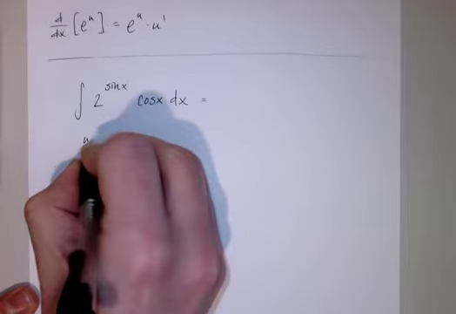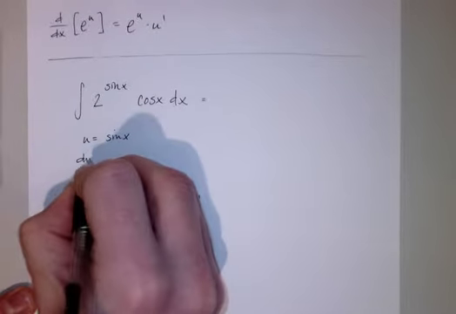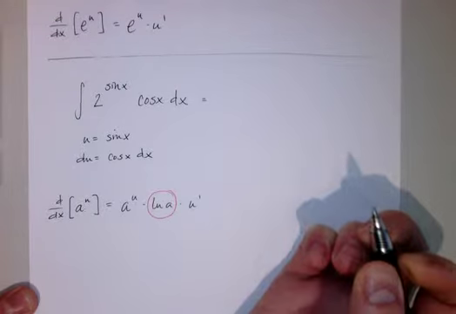So what we're going to do is identify u as that exponent. It works out because du winds up being cosine x dx, okay?